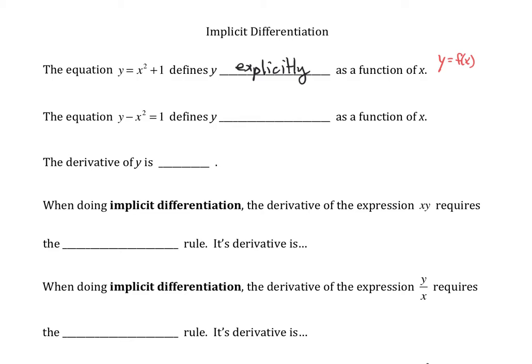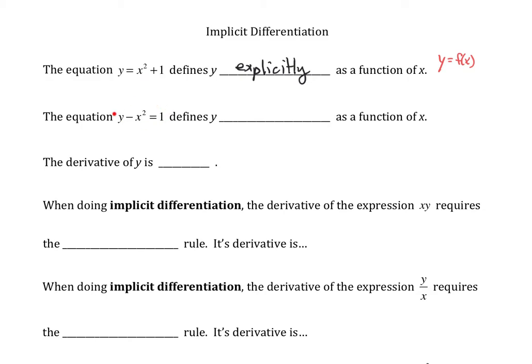Now, let's take a look at a different equation, or a seemingly different equation, the equation y minus x squared equals 1. In this case, this equation is not y equals something. Now, there is a function buried in here. I hope you could see that we could just use algebra to solve this equation and get the first equation that we had.